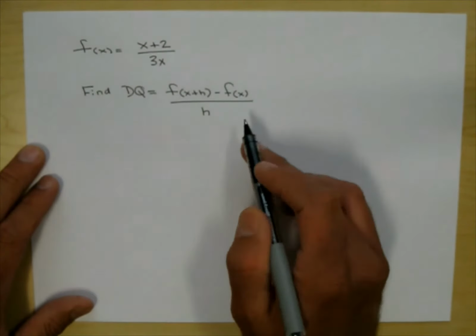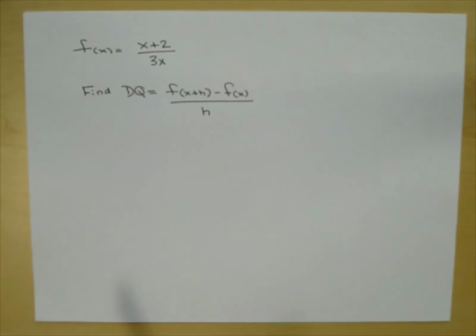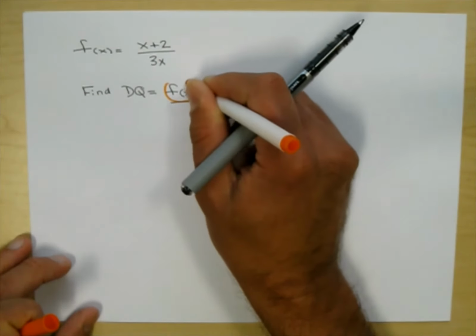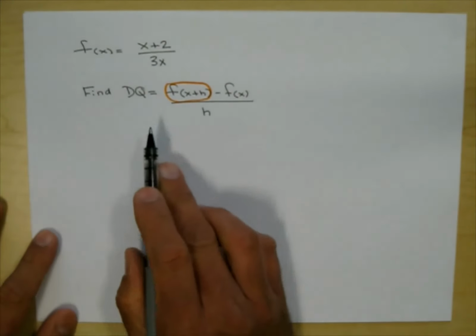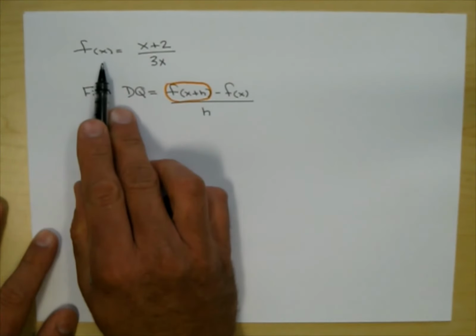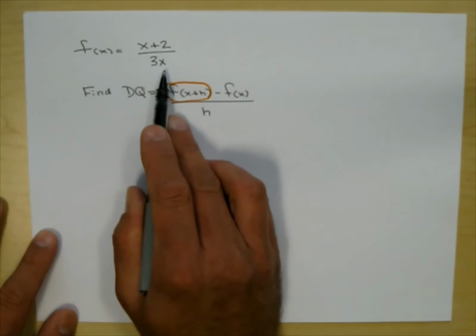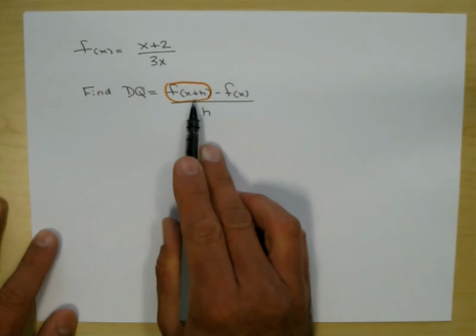DQ is this right here, and I have some colors here. So what we want to do is write this one right here, f of x plus h. So if I were to plug something into this function like 5, f of 5 is 5 plus 2 over 3 times 5. Now I'm not plugging 5 in, I'm plugging x plus h.